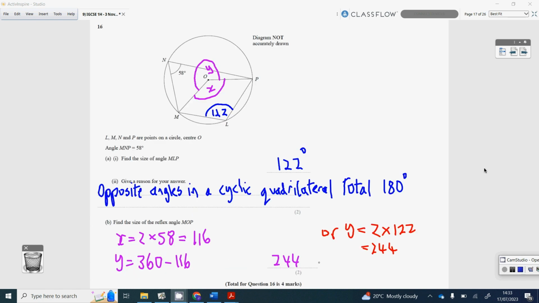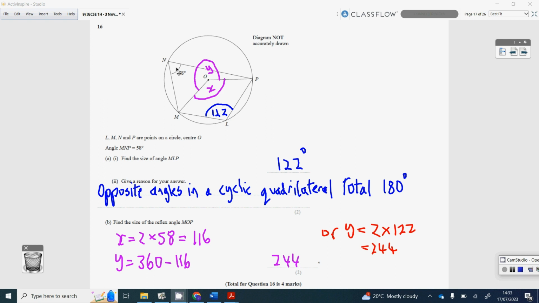Question 16, part A. Now, if you just picture this shape going from M to N to P to L, that's what's called a cyclic quadrilateral, okay? It's a four-sided shape with each vertex, each corner landing on the circle. Now, one of the circle theory rules is that opposite angles add up to 180.